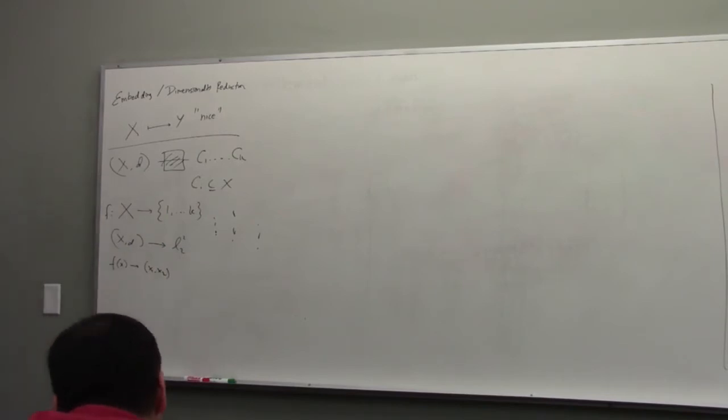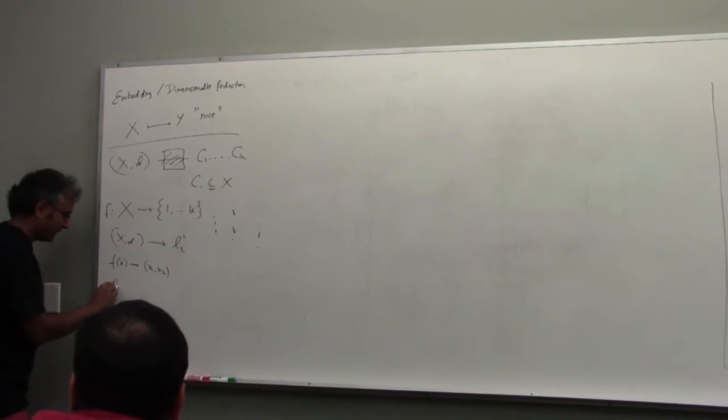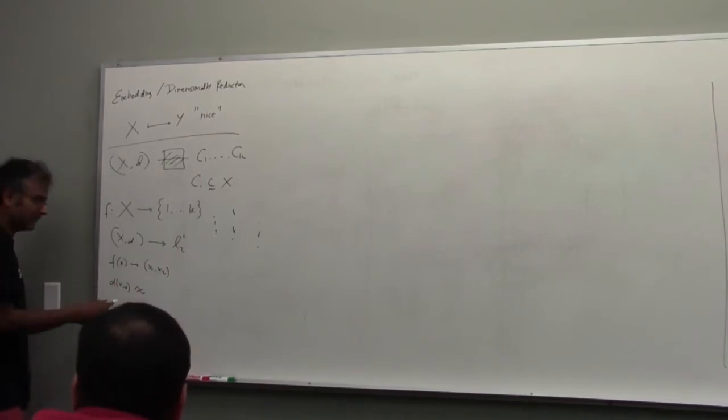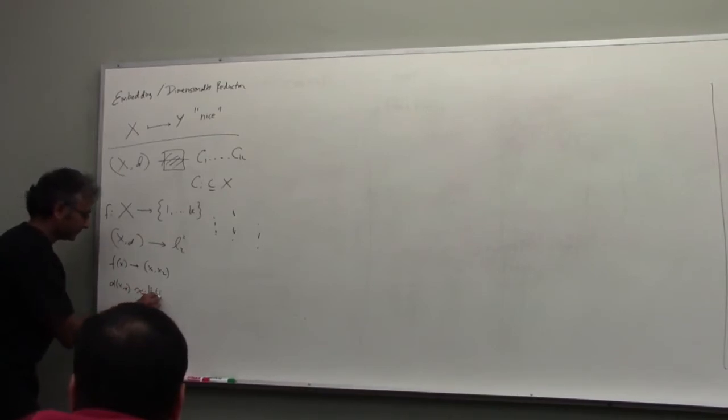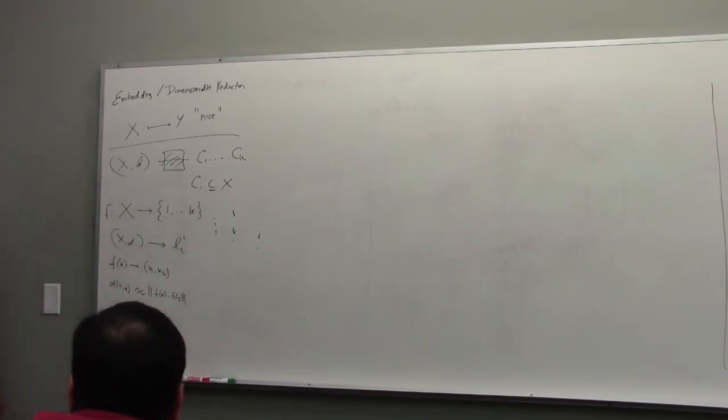We know that we want the distance between x and y here to be something like the distance between their images. So what do you want? You want to preserve the distances. But we know we can't do this exactly, which is why I put this here.